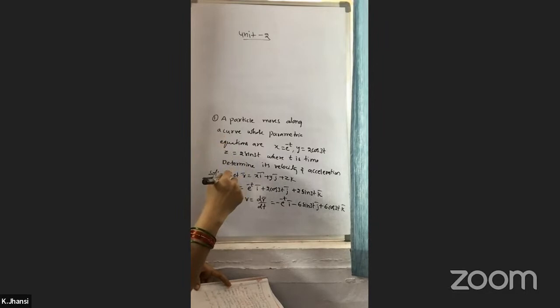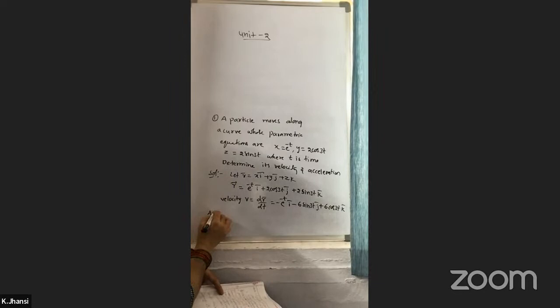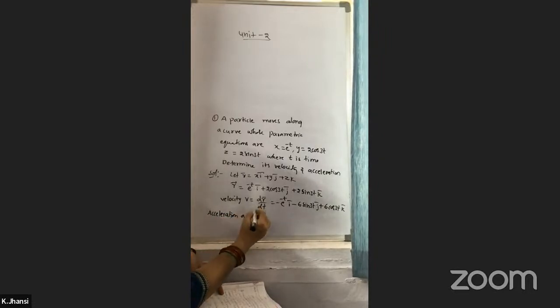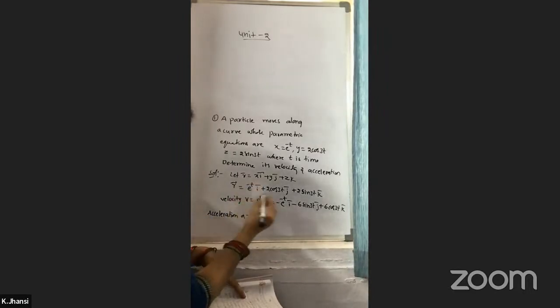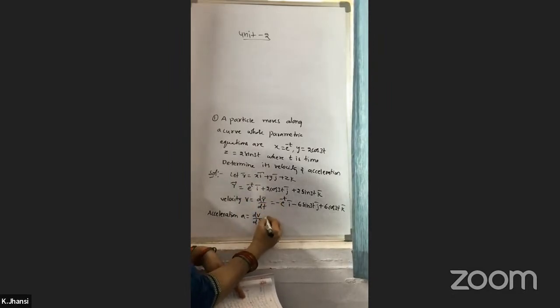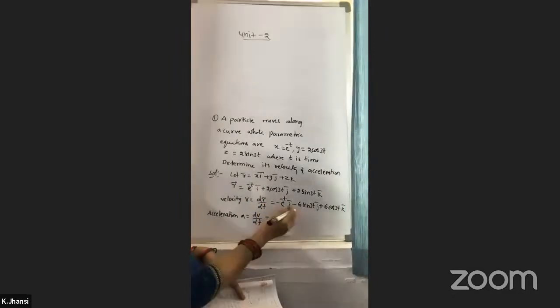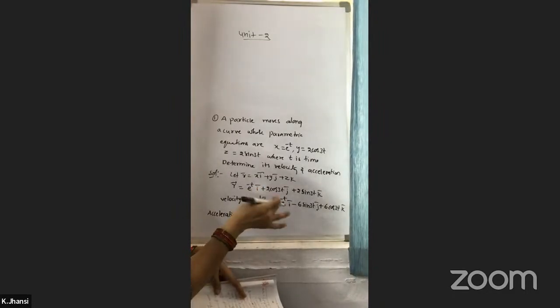Next, if you go to the acceleration, we will represent it with small a. Acceleration a is equals to dv by dt. This is the velocity value, and if you differentiate that, it is called the acceleration. So the differentiation of e to the power of minus t is again minus e to the power of minus t.